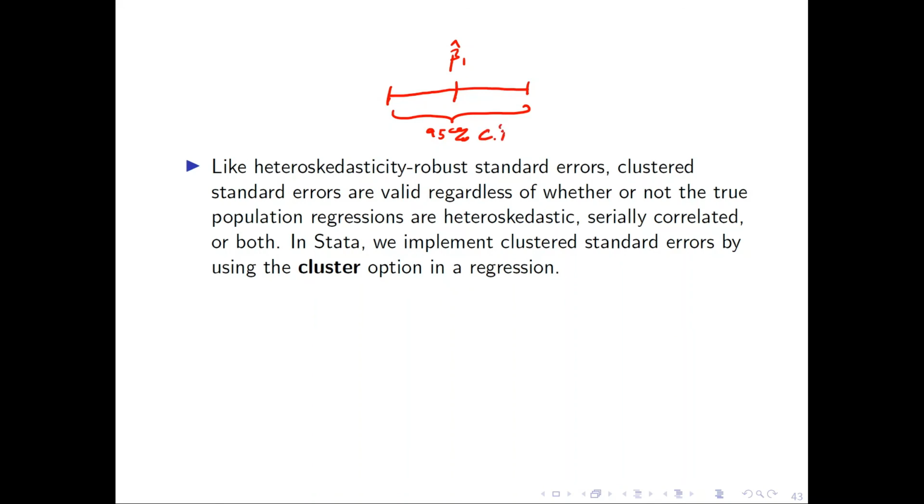And the good thing about clustered standard errors is that you don't need to care about heteroscedasticity or serially correlated x or residuals. And it's easy to use. So in Stata, we just add the term cluster in the panel data regression.